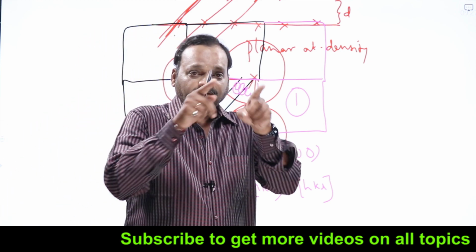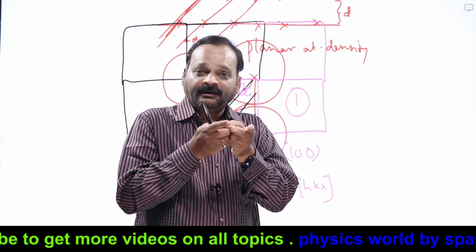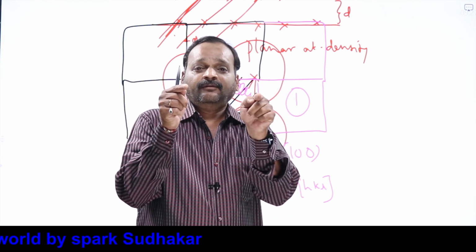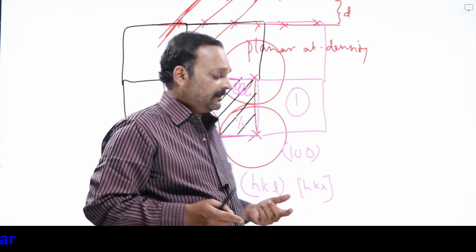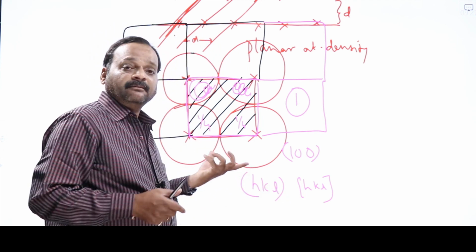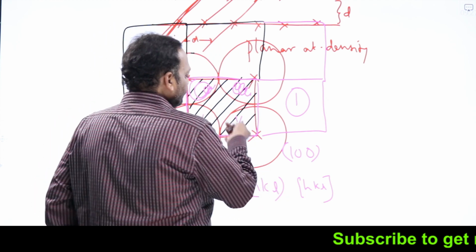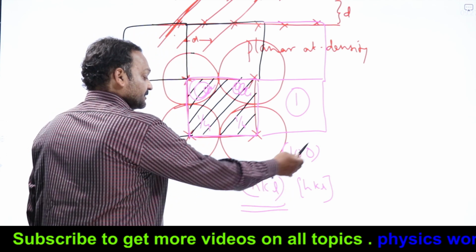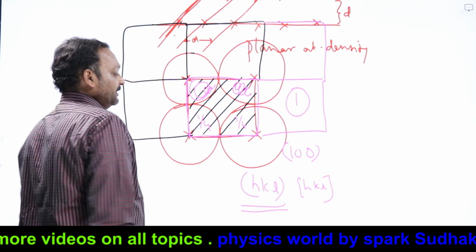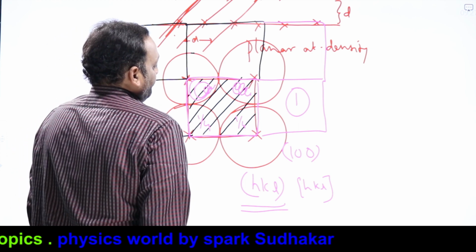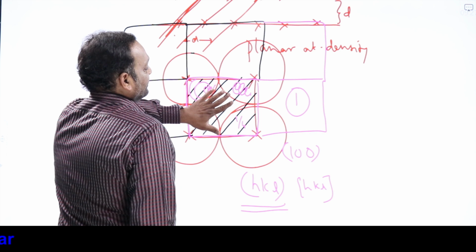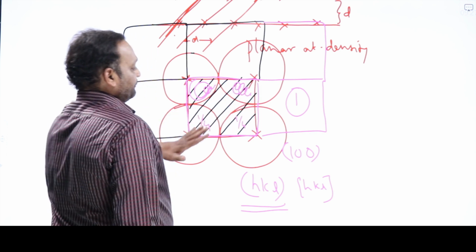Similarly, if I put HKL in flower brackets, it is a family of planes. Angular brackets like this mean a family of directions. The different notations have different meanings. Because we are talking only about planes now, we use only round brackets. Brackets have meaning.